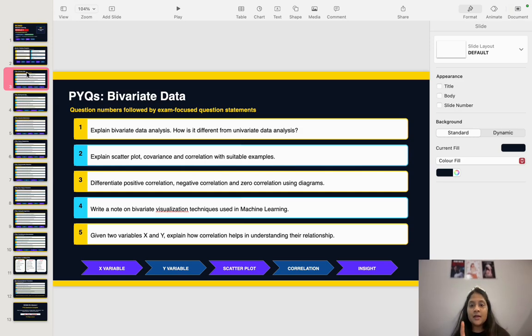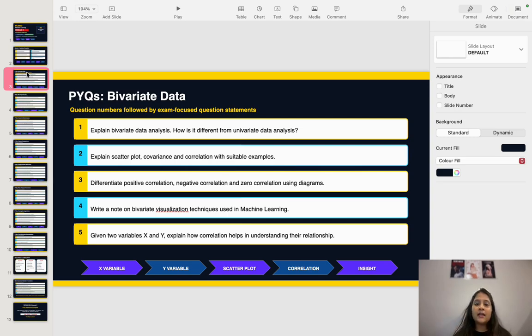Study hours and marks are both related to studies, and height and weight are related to the person's body. So these two variables are related, and this is called bivariate data analysis.